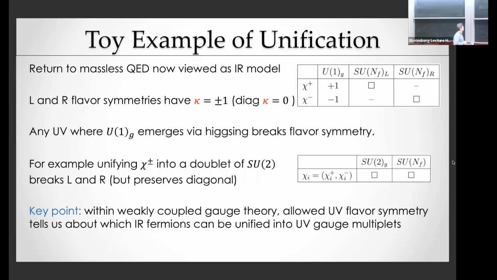So you could try it in the most obvious way. You could try to unify, say, these chi plus and chi minus, these charged fields, into a doublet of SU(2). Of course, if you do that, you will break the left and right flavor rotation separately, but preserve the diagonal, which is the thing you're allowed to do because the diagonal has kappa equals 0.